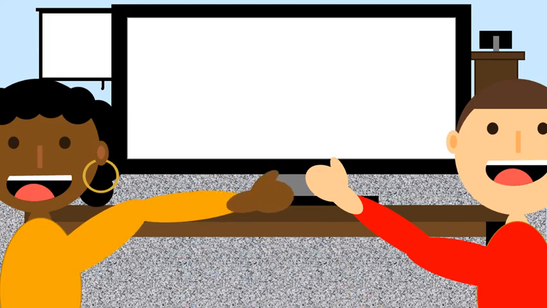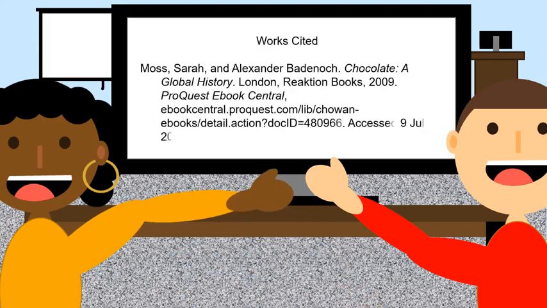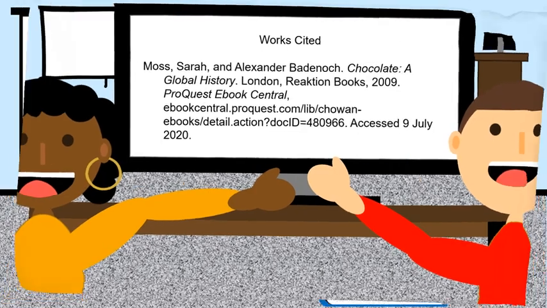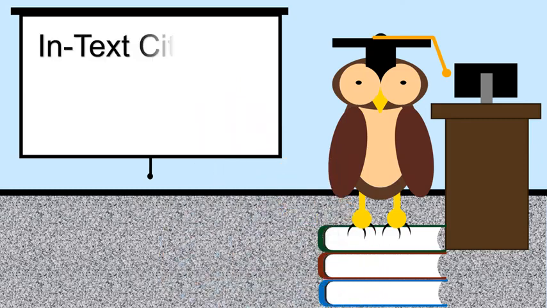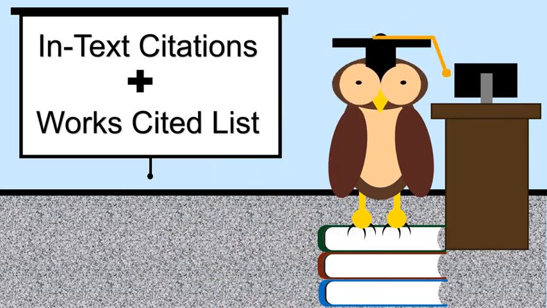Second, you need a list of all the works cited, quoted, paraphrased, or summarized at the end of your paper. This allows people to find the sources you used to write your paper. When writing your paper, you need to include both of these elements to avoid plagiarism.